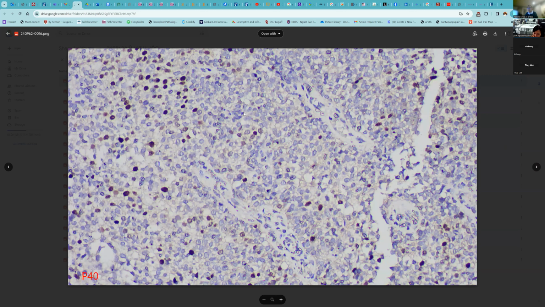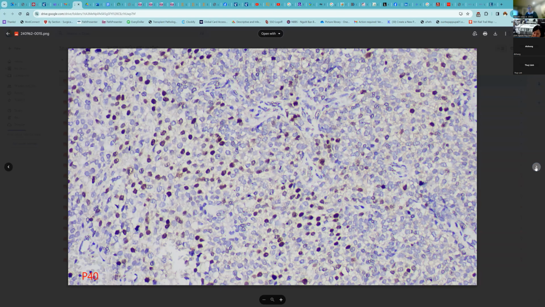It does have some squamous element here with the p40 differentiation being present. Yes. And what else did we have?